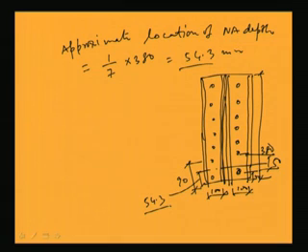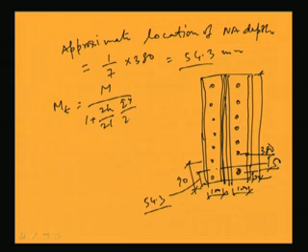Now, from the earlier formula we can find out MT. MT is nothing but M by 1 plus 2h by 21 into summation y by summation y square. So, from this formula I can find out the MT, then T max, then sigma TF cal.